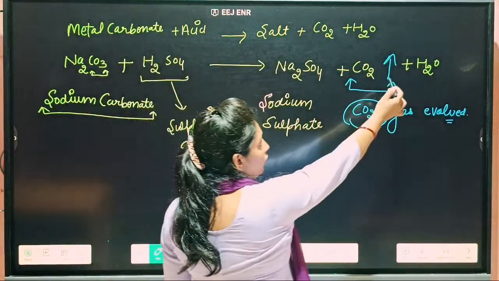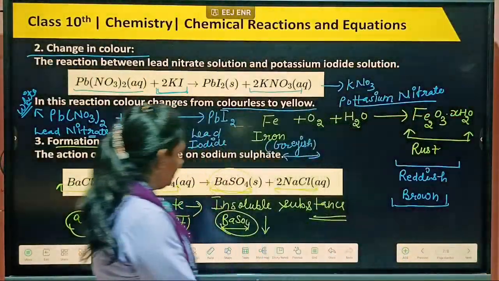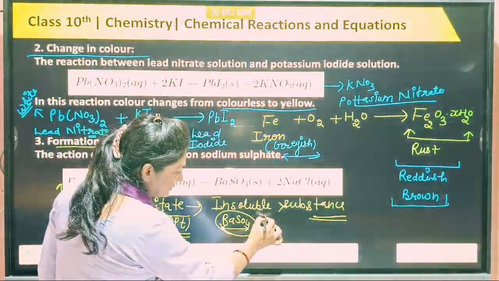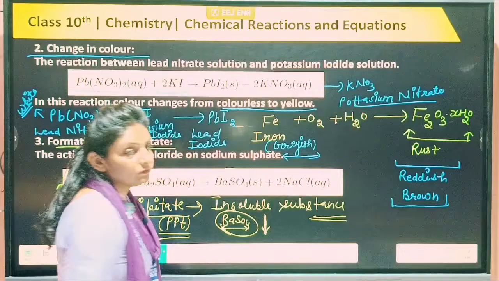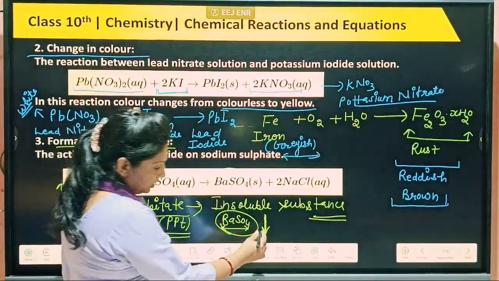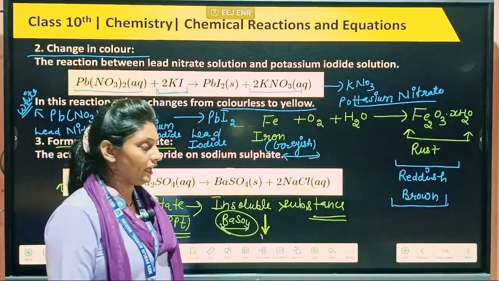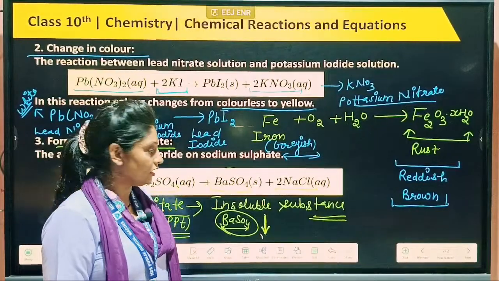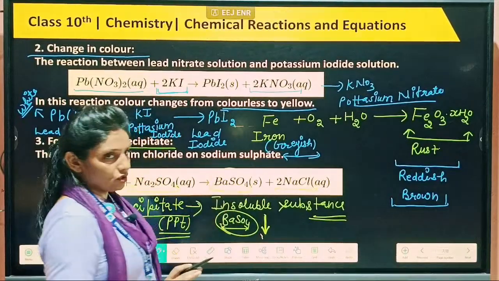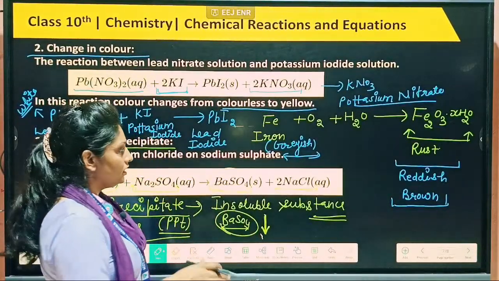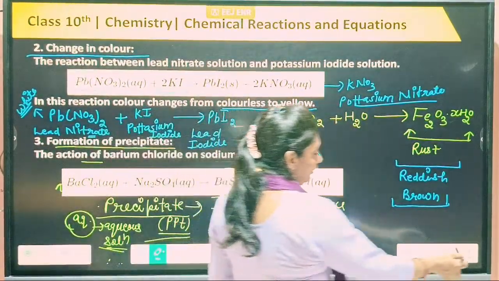This shows the evolution of gases, and formation of PPT, because they settle down at the bottom, we show by a downward arrow. If some insoluble substance remains in the test tube, it means PPT is forming there, and during a chemical reaction precipitate can also be formed.